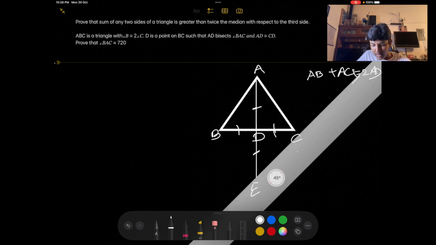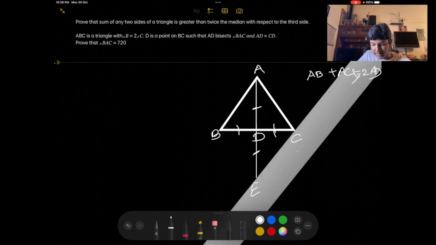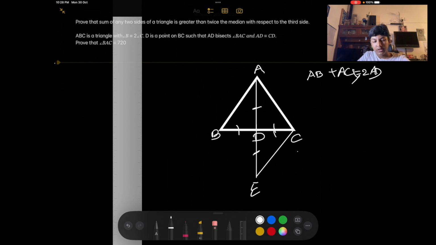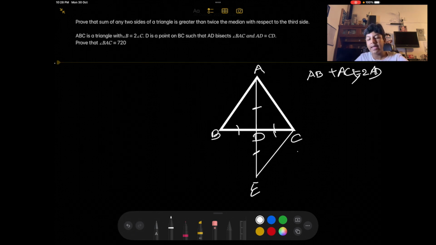Let's just join EC. So we have drawn a triangle such that AD is equal to DE.